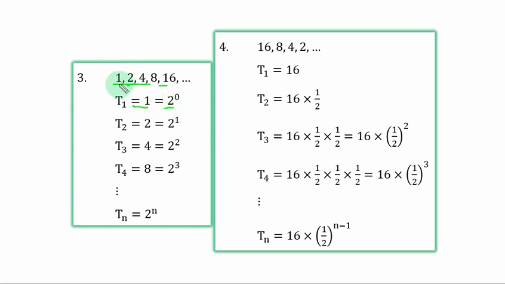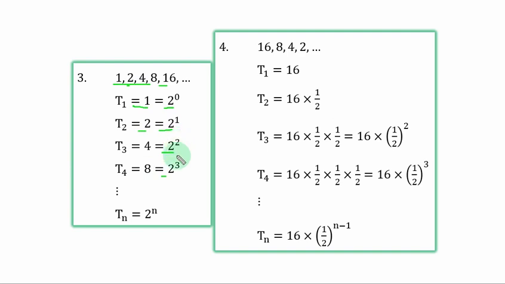We give you 1. The second term is 2. It becomes 2 power 1. The third term is 4. That is 2 power 2. The next term is 8, written as 2 power 3. You can see that the base 2 is common all through, and the powers 0, 1, 2, 3, and so on.